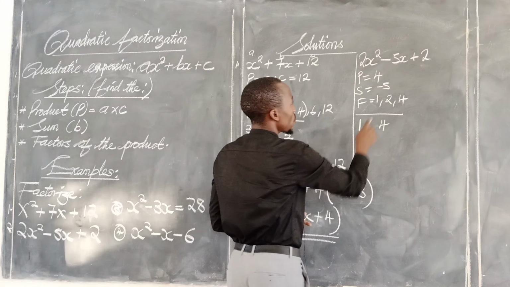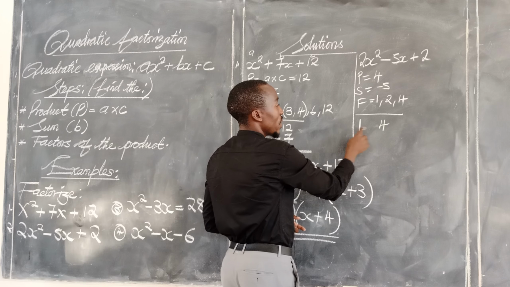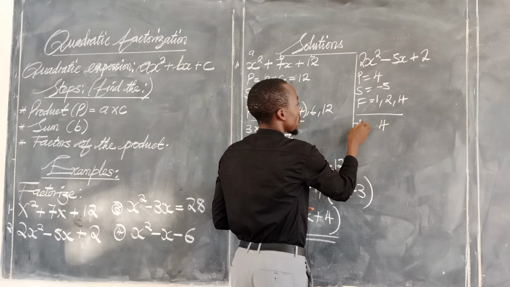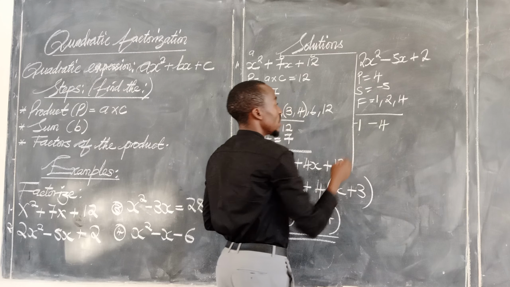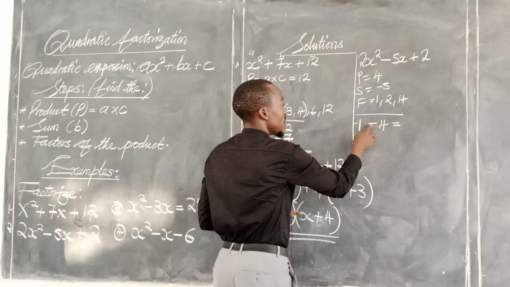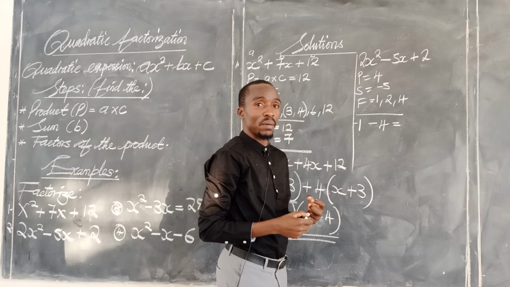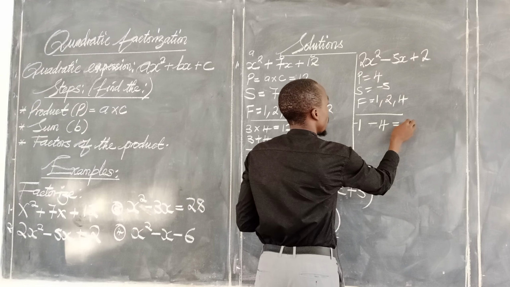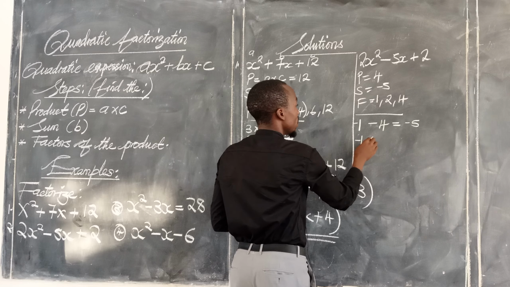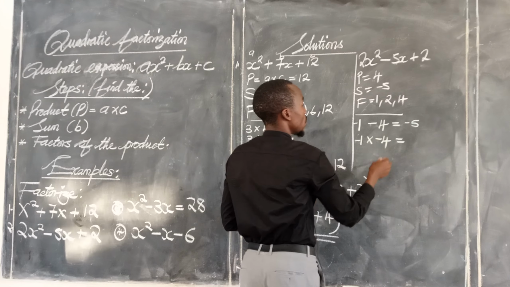For us to have negative 5, we make the 1 and 4 negatives: negative 1 minus 4. Negative times negative is positive, and we take the sign from the bigger number, so our answer is negative 5. Negative 1 times negative 4 gives a positive.